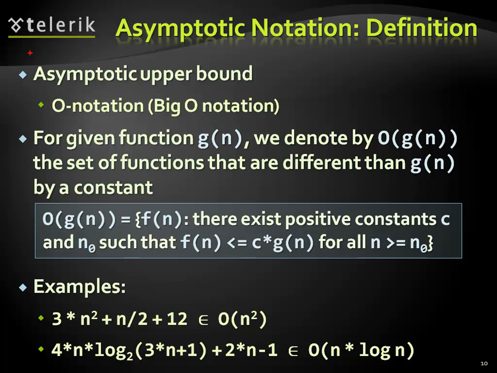So, if we have 3 times n to the power of 2, 3 is not important. Why? Well, because n to the power of 2 is something very, very large. Always think of n as a very large number. Then n to the power of 2 will be an even larger number. And big deal, we multiplied it by 3. So what?